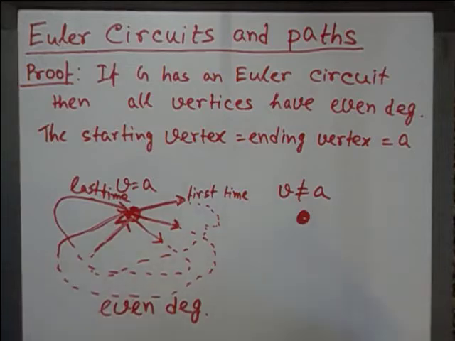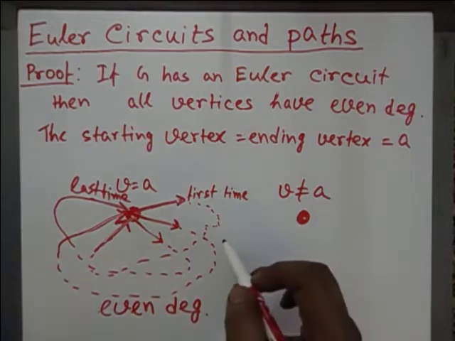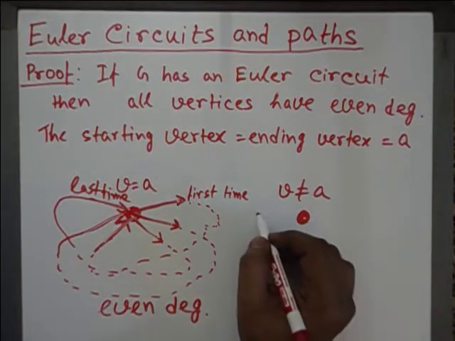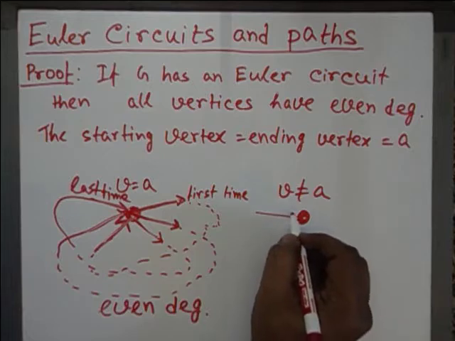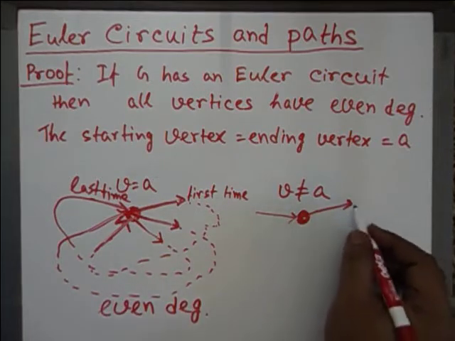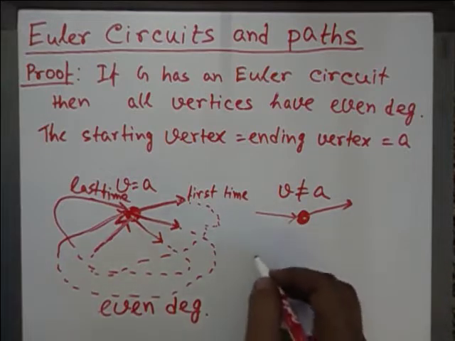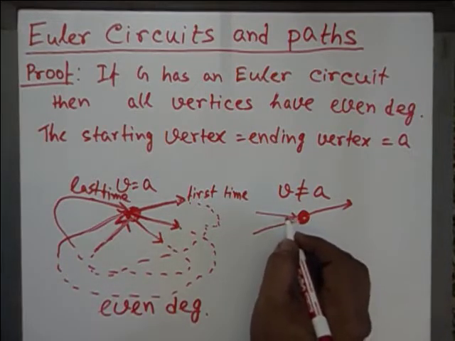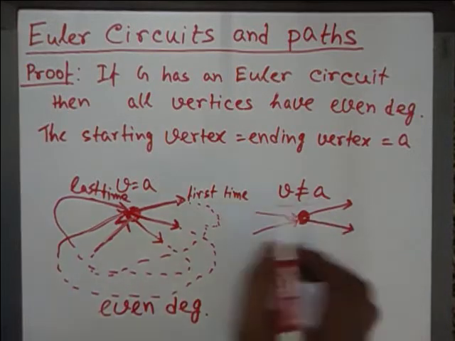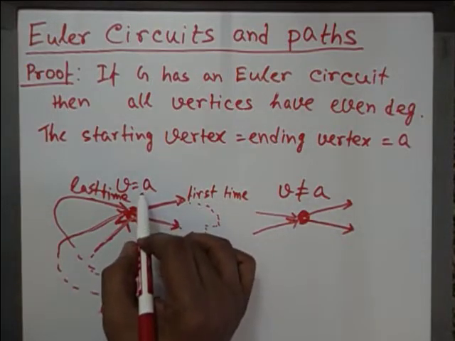Similarly for V not equal to A, so for all the other vertices, you are traveling across the Euler circuit. So you get into V, you get out. Then you travel through the circuit, you may get in once more, you get out, because you are not stopping at this vertex, because A is the only vertex where you are finishing.